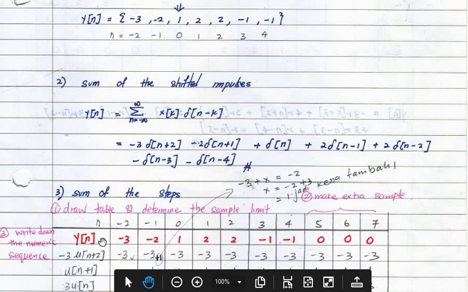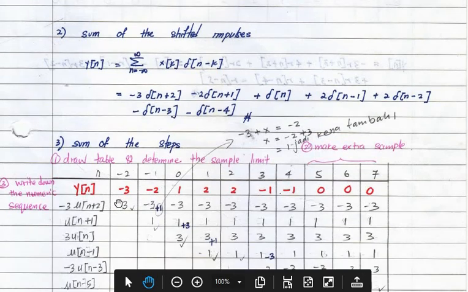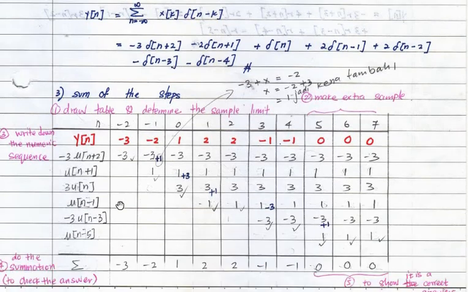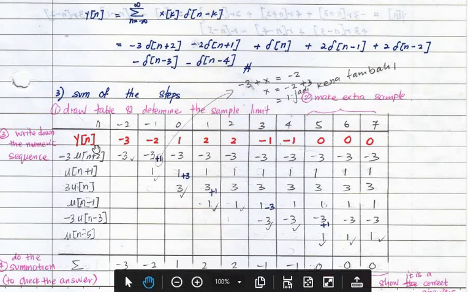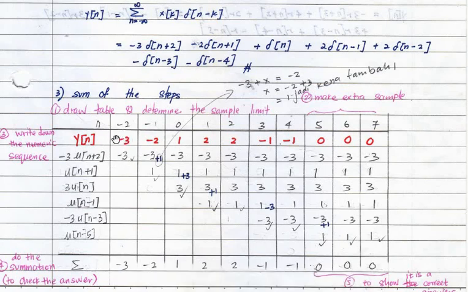You write down your numeric sequence first: negative 2, negative 3, negative 2, 1, 2, 2, negative 1, negative 1, because this is your target. In order to make it have the same value, what should you have? You need to have negative 3. How do you achieve negative 3?